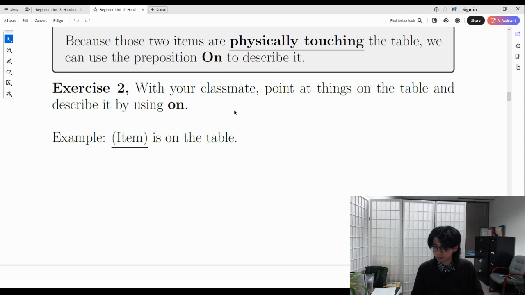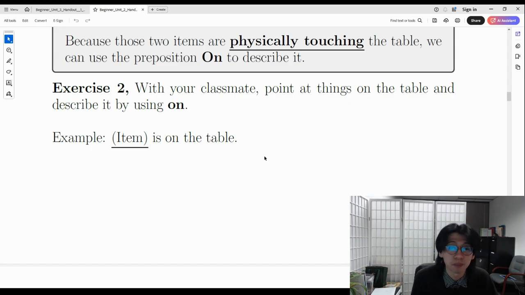For example, if I have my phone on the table right here, you can say, my phone is on the table.